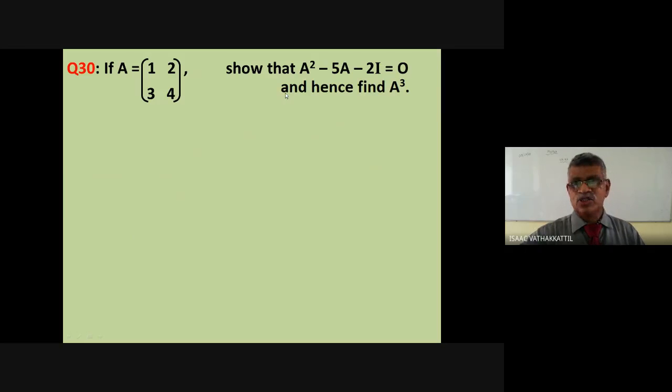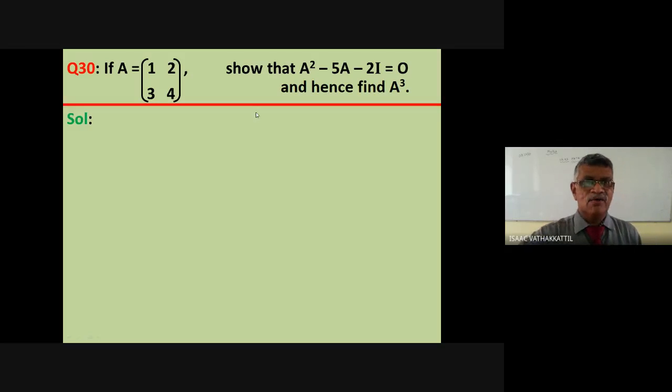But you are not asked to do that. You have to show that A squared minus 5A minus 2I equal to zero matrix, and when the word hence is there, you cannot use any other method from what you got before that, that is A squared minus 5A minus 2I equal to zero matrix, and from there, we have to find the value of A cube. Let us see how we get it.